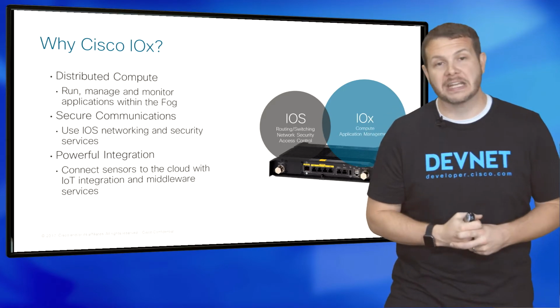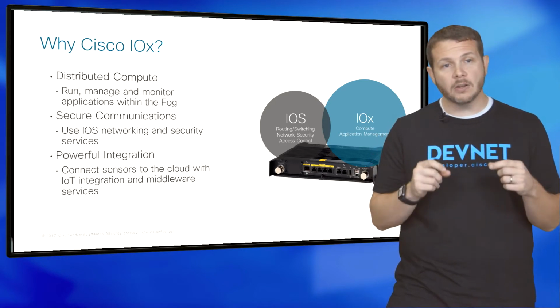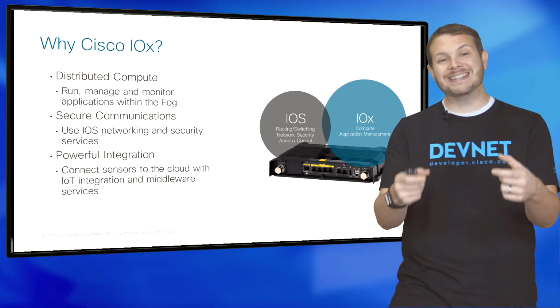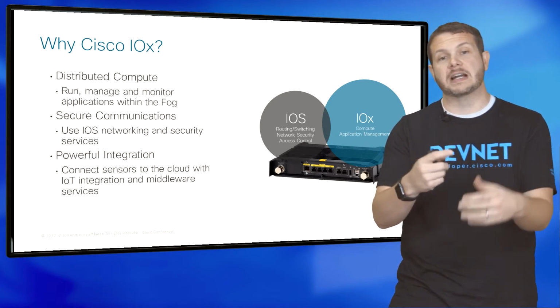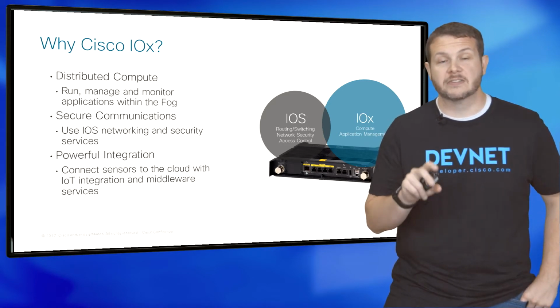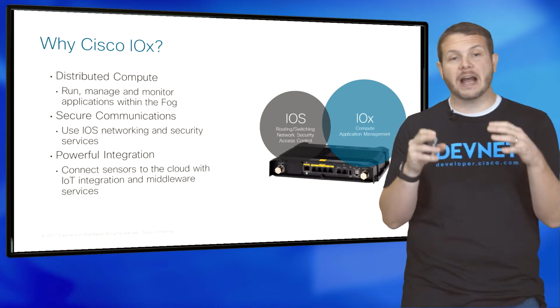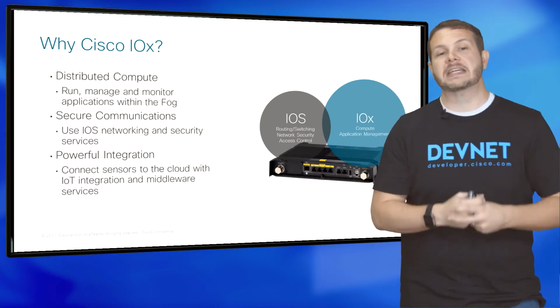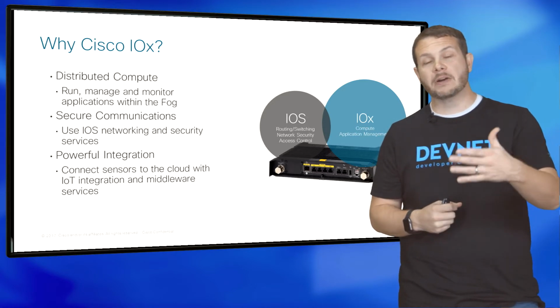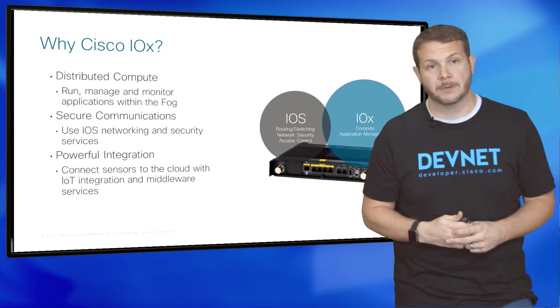And with IOX, we're taking advantage of that. Also, by building our applications inside of the network, we can take advantage of all the networking and security services that IOS offers. This gives us powerful integration so that we can have our IoT sensors connected to our edge network devices that provide that gateway to the cloud, middleware, and other integration services that are there.